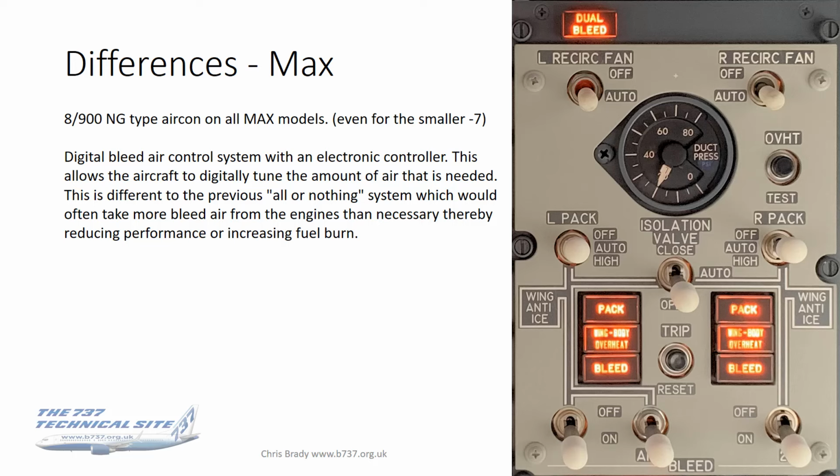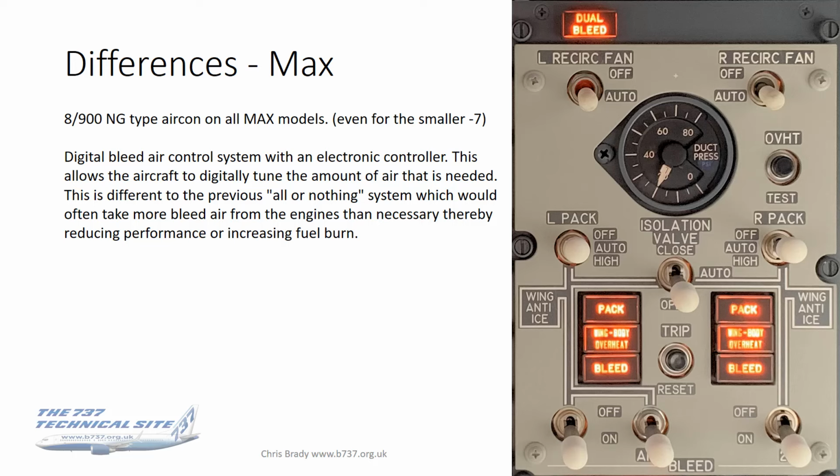It's got a digital bleed air control system and electronic controller. Again, this is a pneumatics feature, not an air conditioning one, but I mention it again for those of you that haven't yet seen the pneumatics module. The big difference here is that it's not an all or nothing system as it is on all the previous generations.